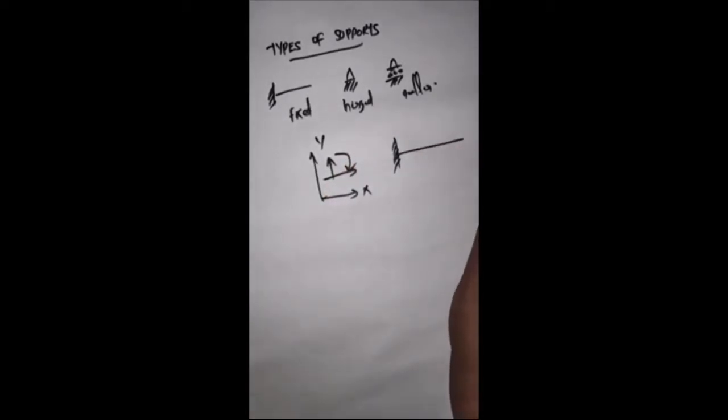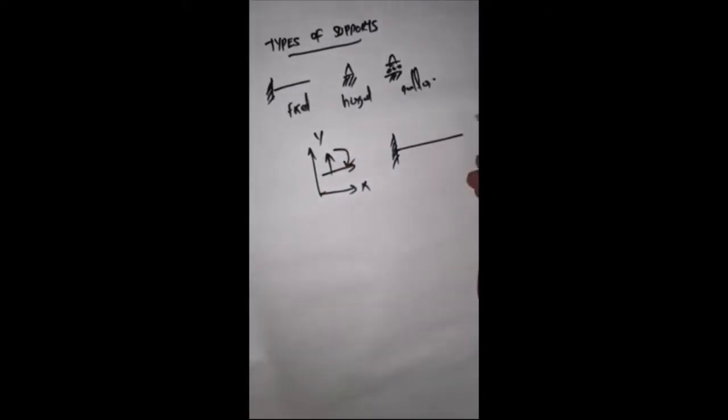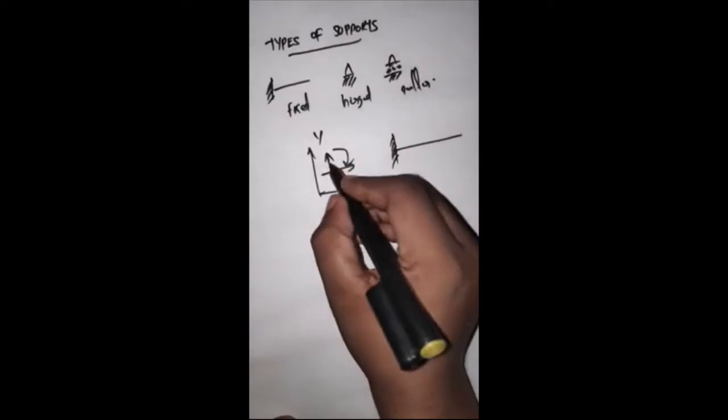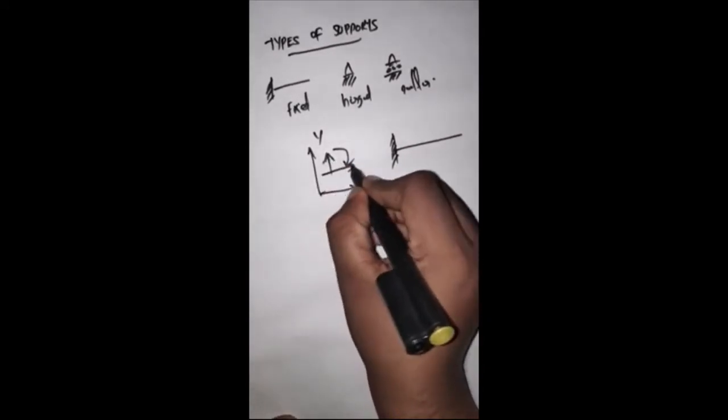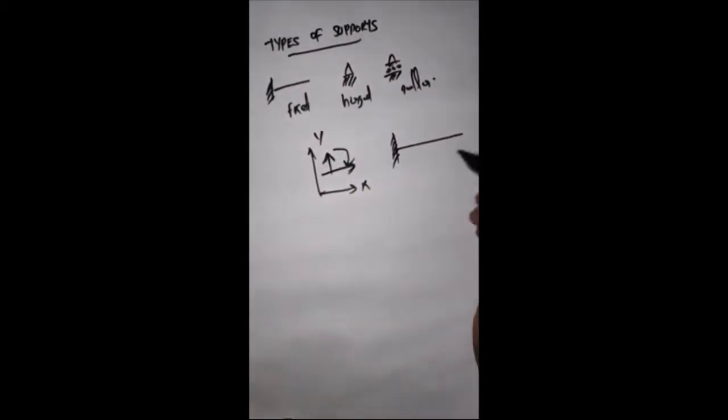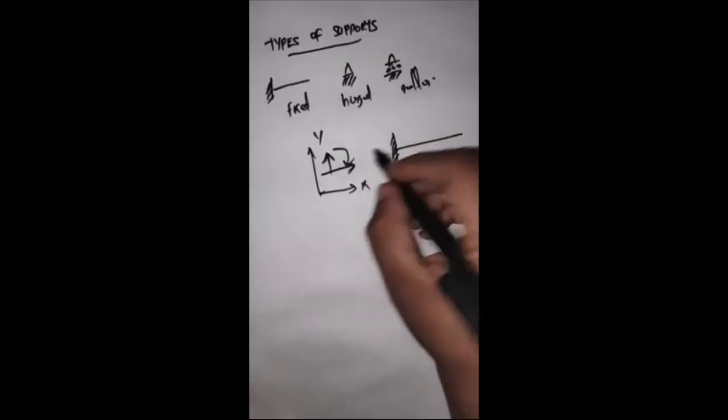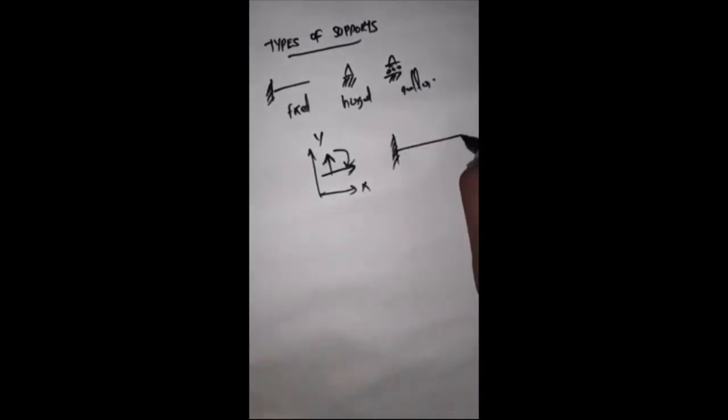You have to listen clearly. Any point, this point or this point, can have three types of movements. It can either move in the vertical direction or in the horizontal direction, or it can rotate. So at this point, vertical, horizontal, and rotational movement is permitted.